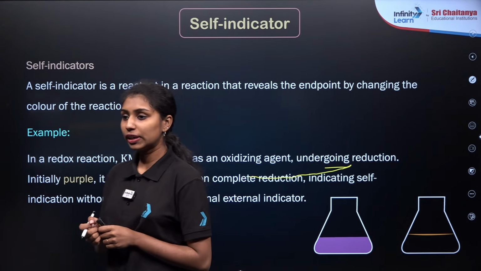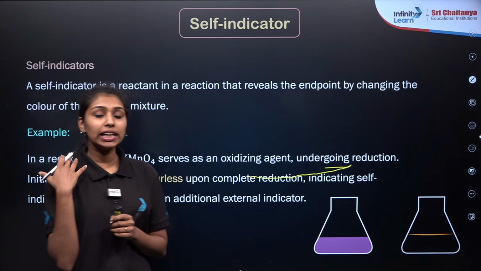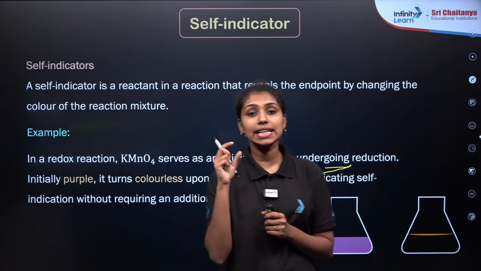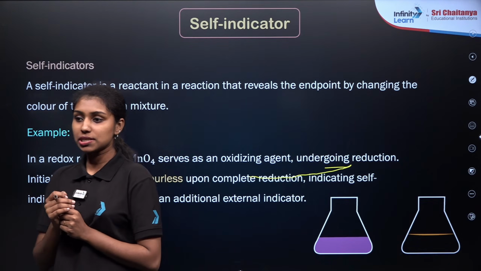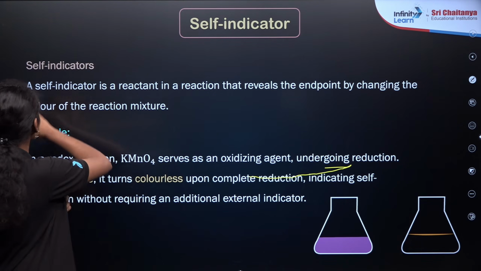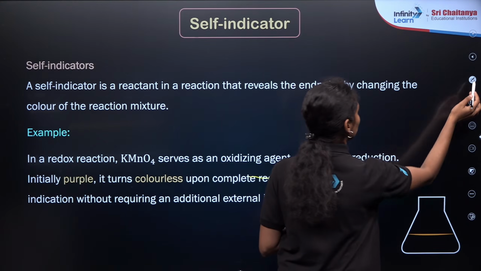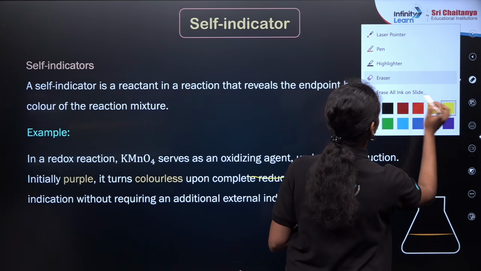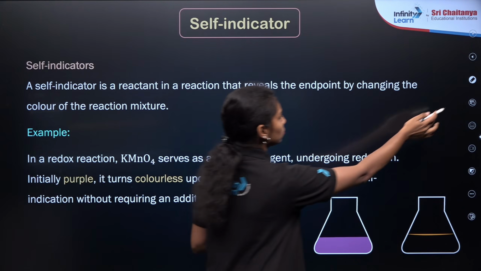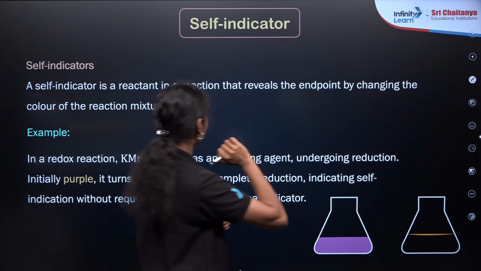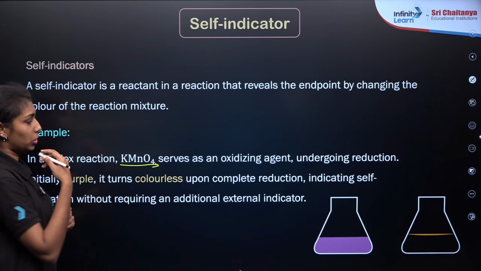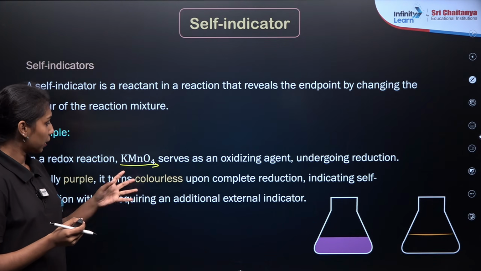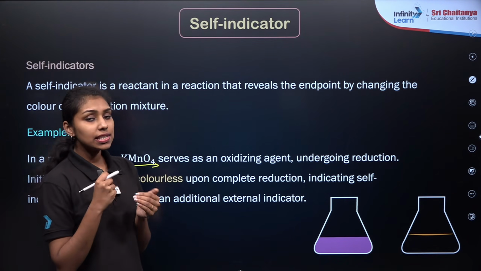Now another type of indicator is the self indicator. There is no need of any other indicator, right? The substance itself acts as an indicator. Such an example is potassium permanganate, KMnO4, right? Potassium permanganate, you may see it in the laboratory, right? It will have a pink color solution, so it acts as an oxidizing agent.